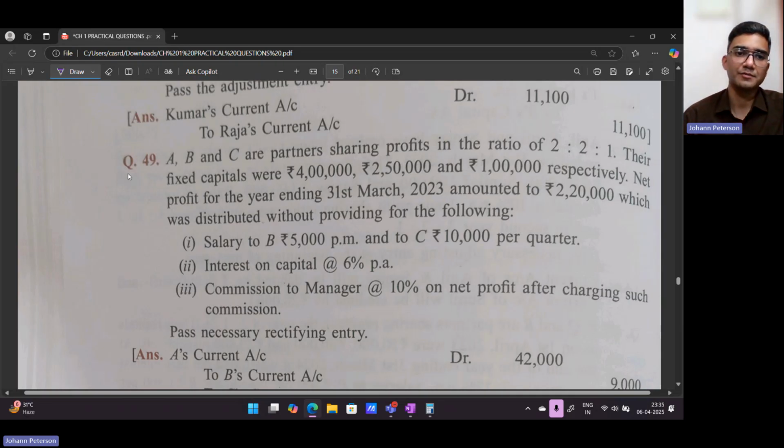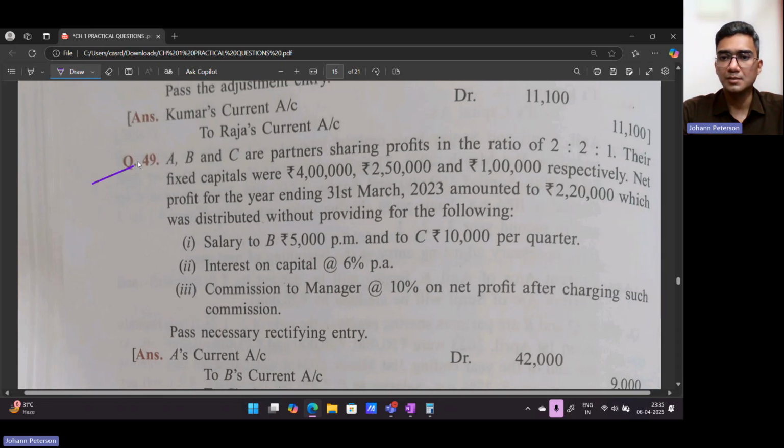A, B, C are partners sharing profits in the ratio 2 is to 2 is to 1. The fixed capitals were 4 lakh, 2 lakh 50, and 1 lakh, respectively. Net profit for the year ending 31st March 23 amounted to 2 lakh 20, which was distributed without providing for the following: salary to B 5,000 per month, and to C 10,000 per quarter.